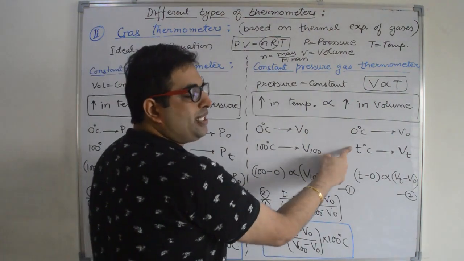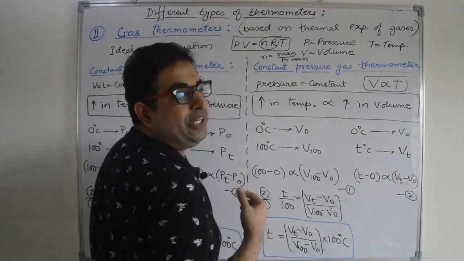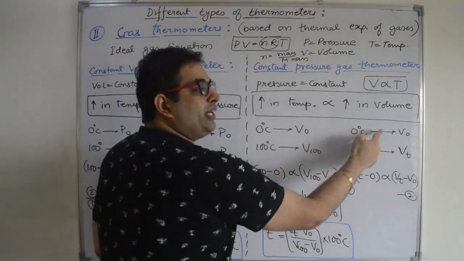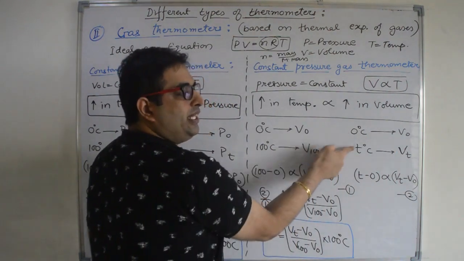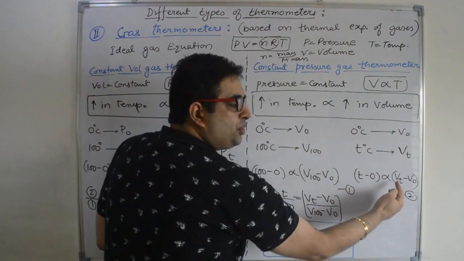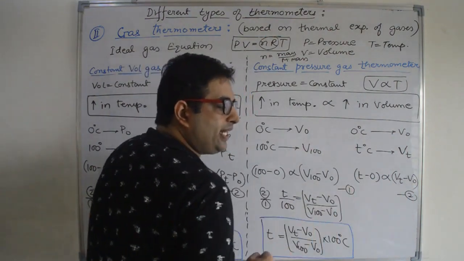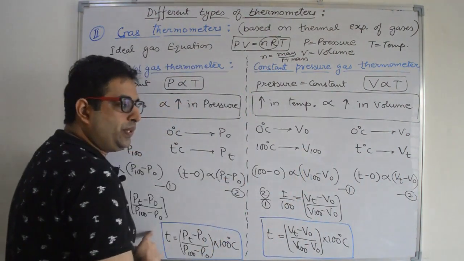Now suppose T is the temperature of the gas where the volume of the gas is Vt, and at 0 degrees it is V0. So T minus 0 is proportional to Vt minus V0. This is our second equation. Divide these two equations.